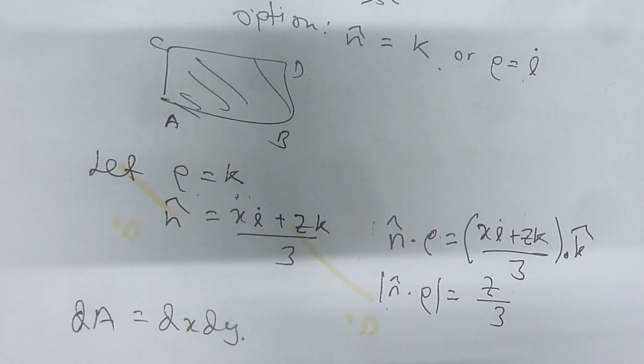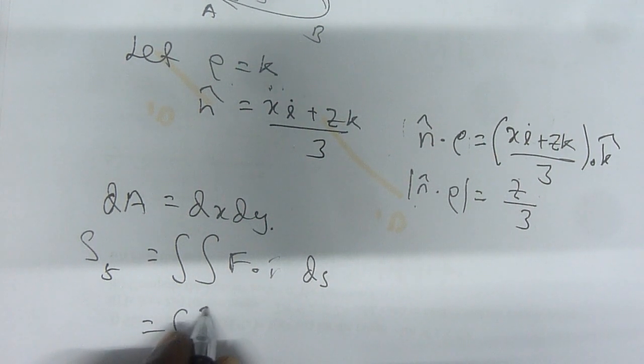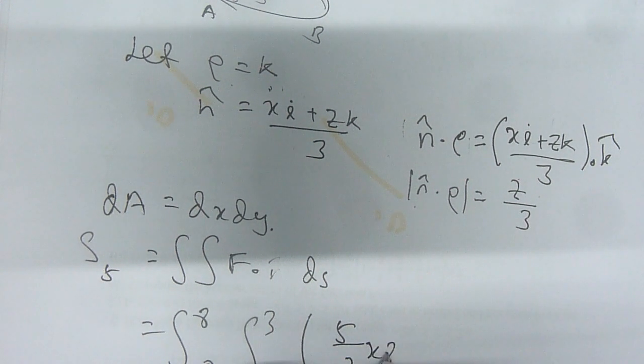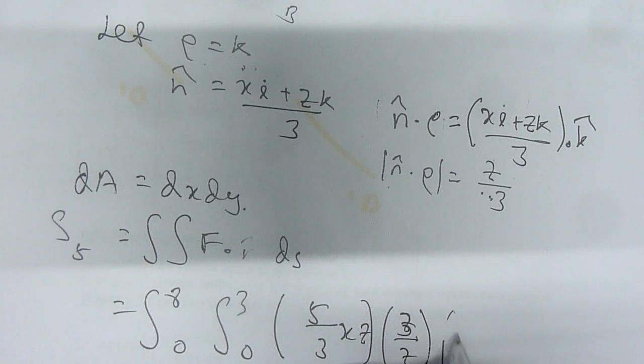Now can I combine everything? F dot n dS is combined, 5/3 xz. Okay, z, not yet. Z, you know, z 3 over z. Here I get dx dy.